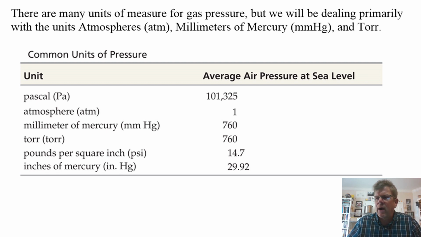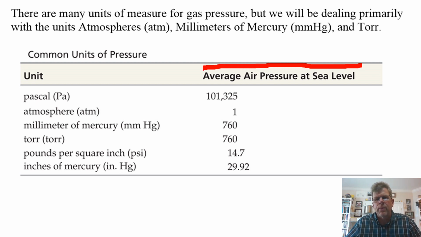And in order to put out a number for pressure, we have to have a standard, that yardstick that we're going to compare all of them to. And that yardstick is considered the average air pressure at sea level. Average air pressure at sea level. Now, obviously, there are different air pressures in different areas of the world at sea level, very different variations, but this would be considered the average.